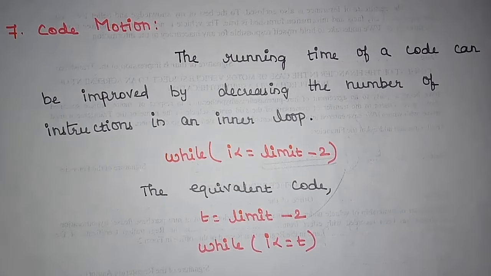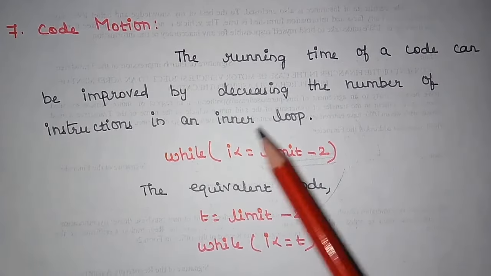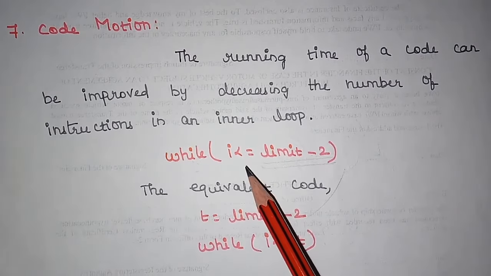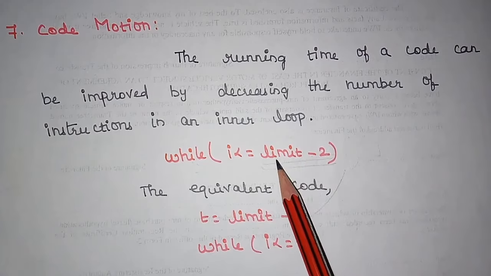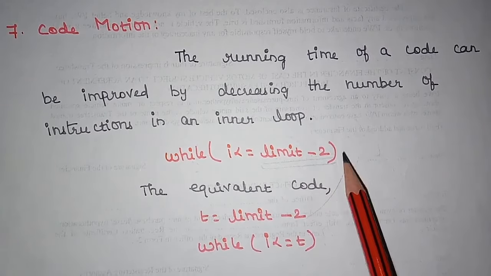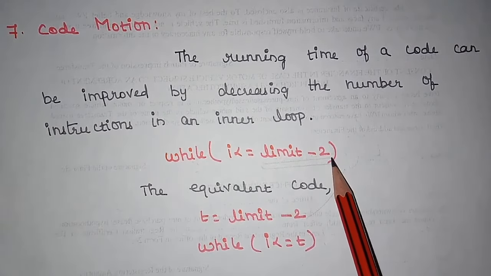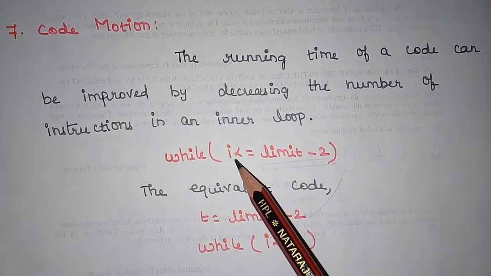So based on how many times the loop is executing, this expression will also get executed. That is, every time this expression will be evaluated, which doesn't change the value in any of the executions.